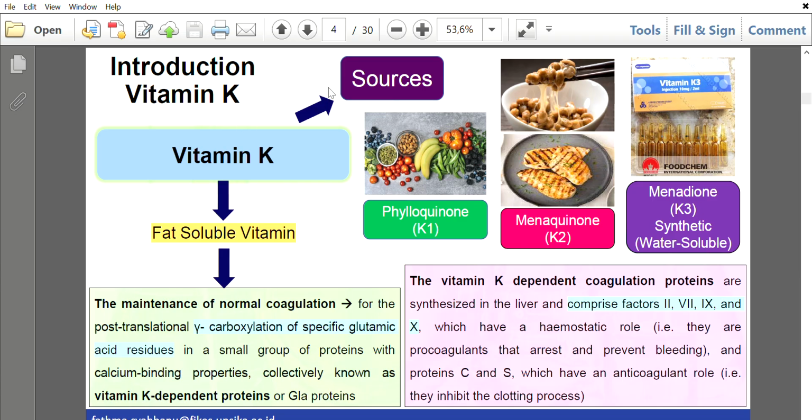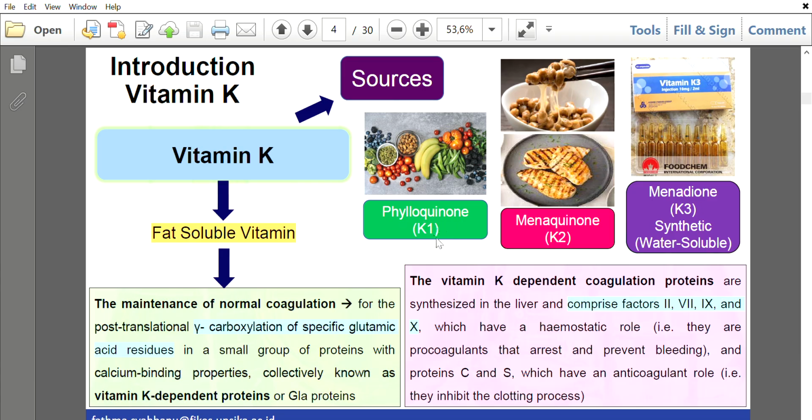And how can we acquire vitamin K? We can acquire vitamin K in green leafy vegetables, which are rich in vitamin K1.